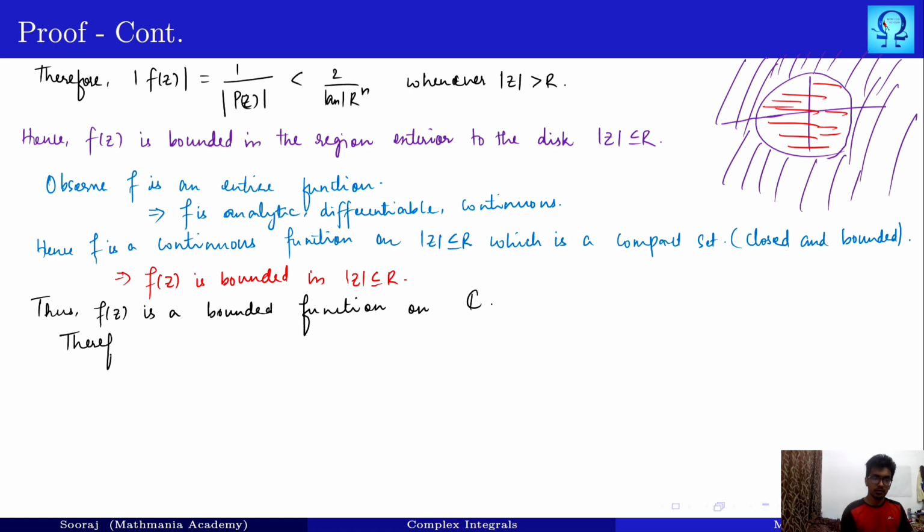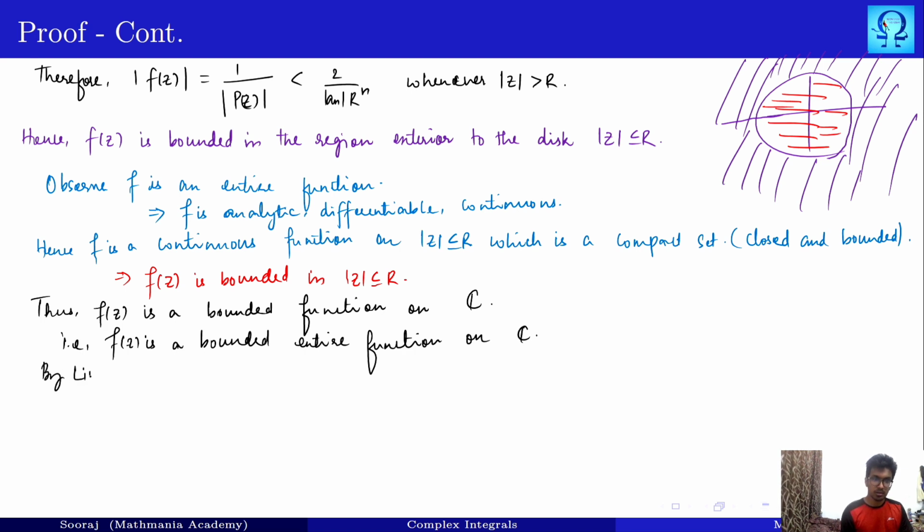Therefore, let us write it together. f of z is a bounded entire function on C. Therefore, by Liouville's theorem, f of z is constant.